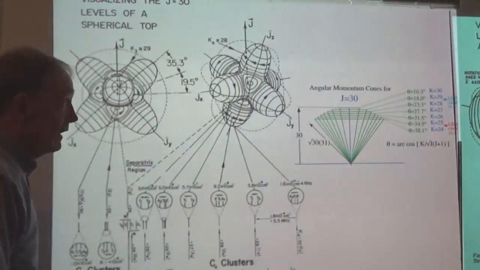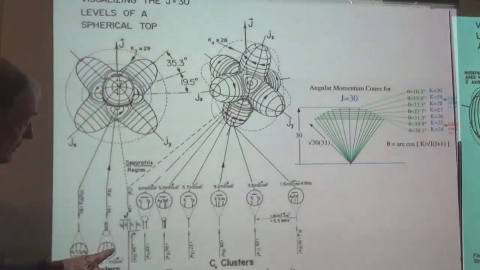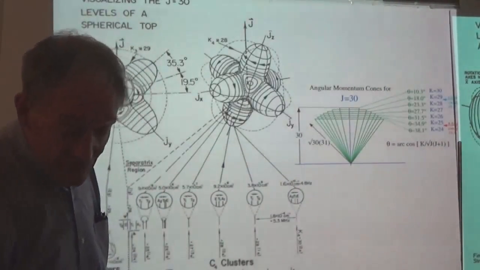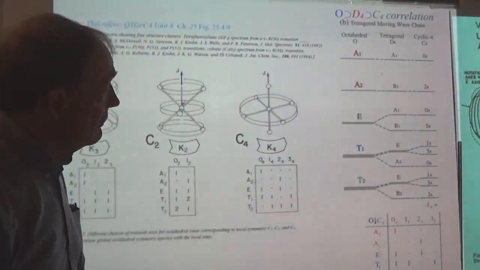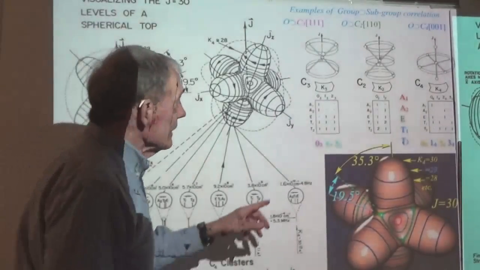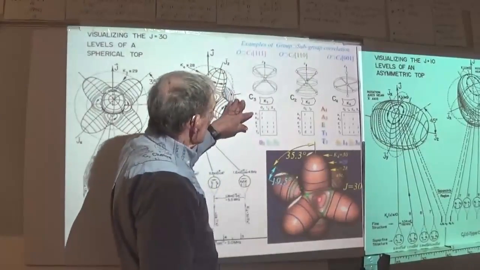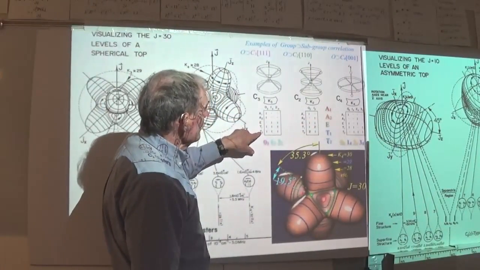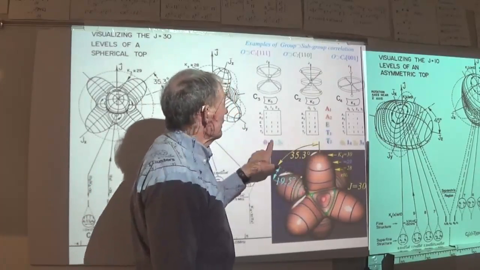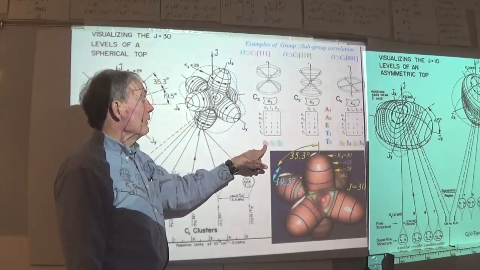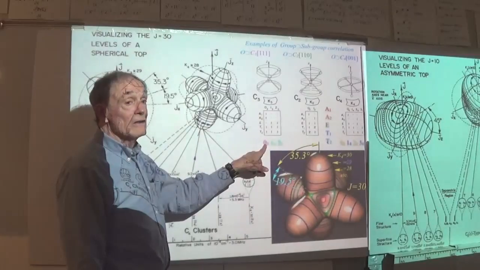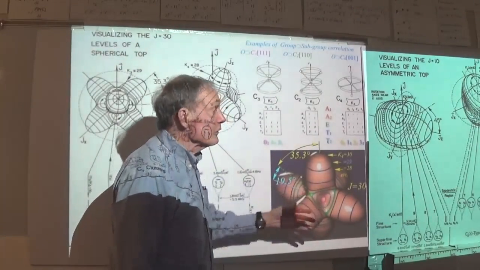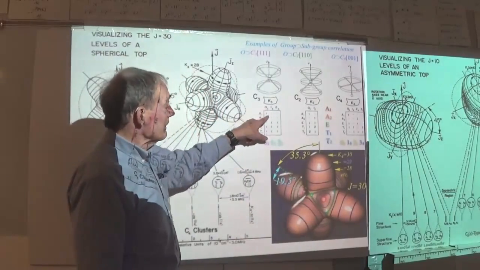So when we look for C3 clusters, and the mixing that you get for C3 clusters, the coloring scheme is this: when you mix a bunch of A's, reddish orange, with a bunch of T's that have blue, you get a nice purple, a nice magenta. That's what you're seeing right at the bottom, because 30 is 0 mod 3.